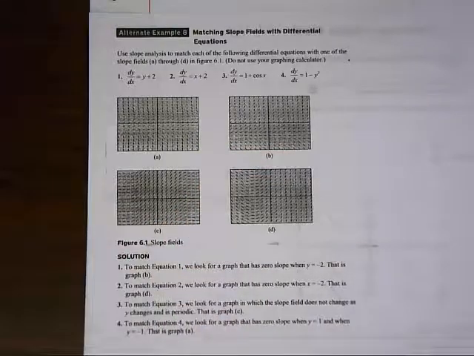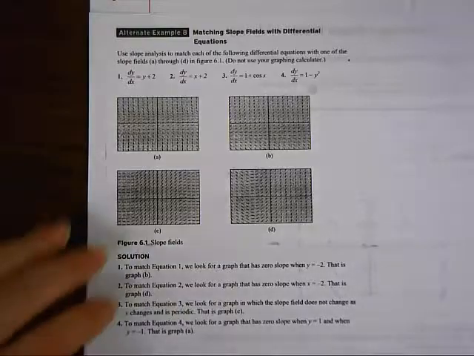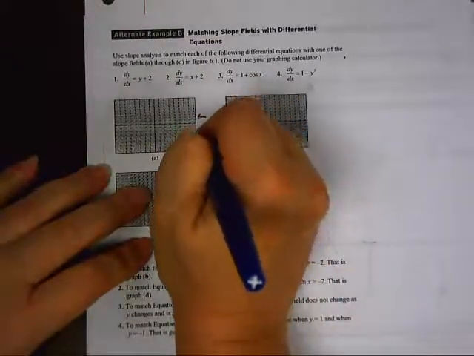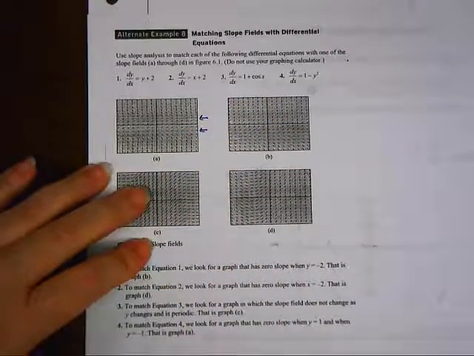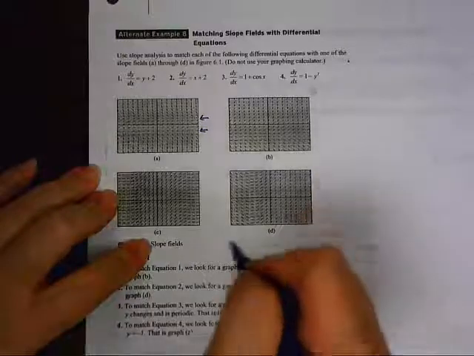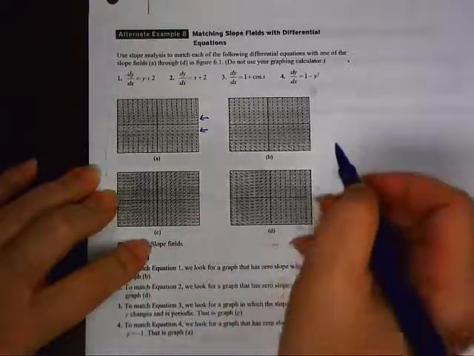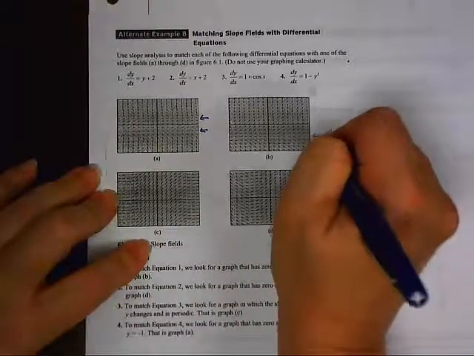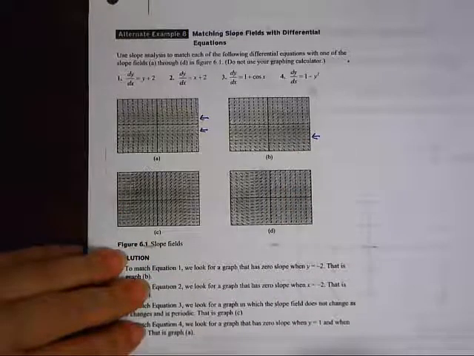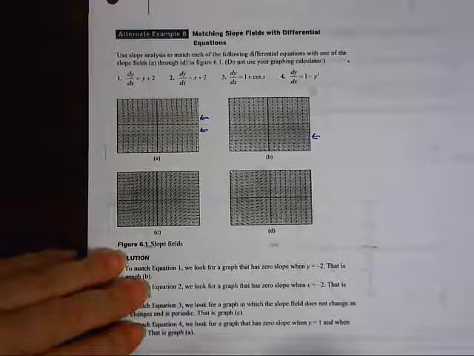How many lines do you see that have 0 slope? 2. I see one here and one here. Do you see what I'm doing? Putting the little arrows on it. Okay, what about letter B? I see 1 and it's horizontal right there. What about C?